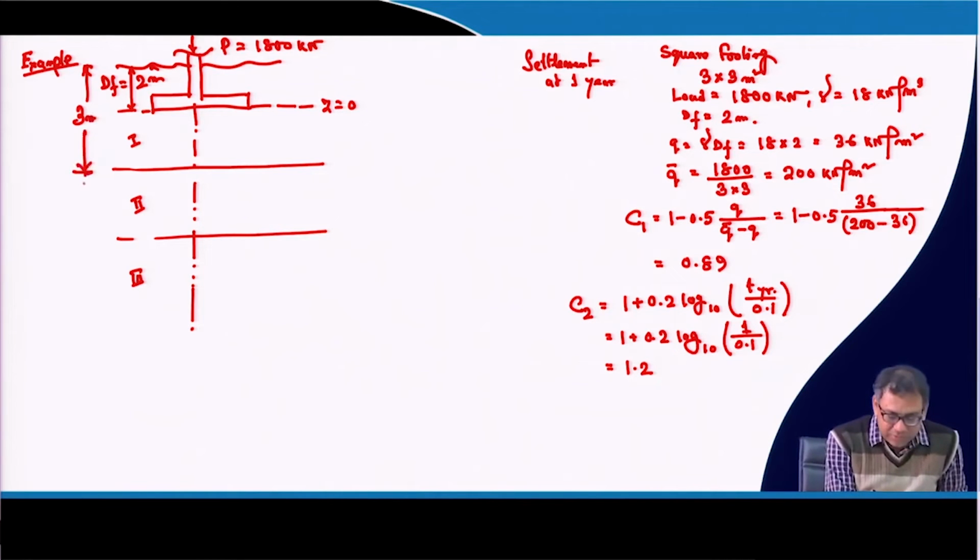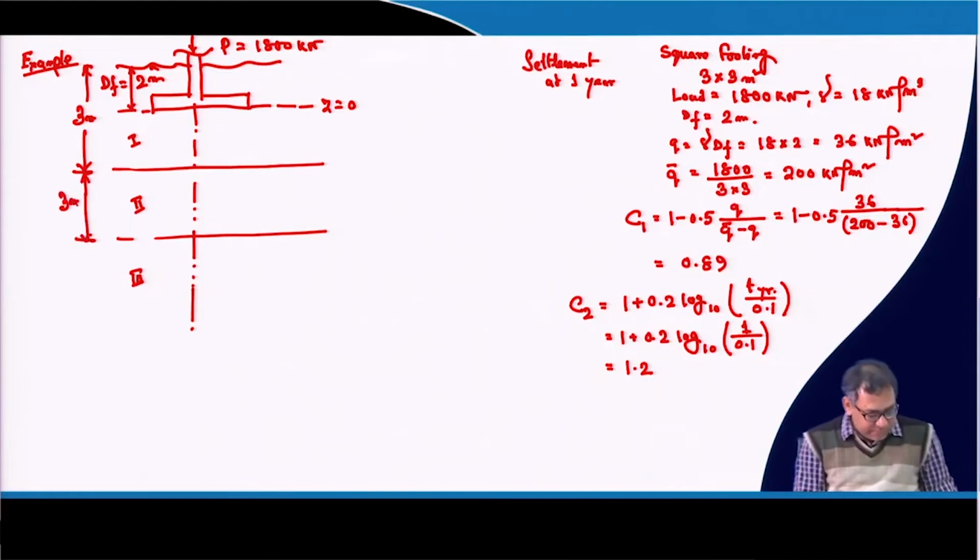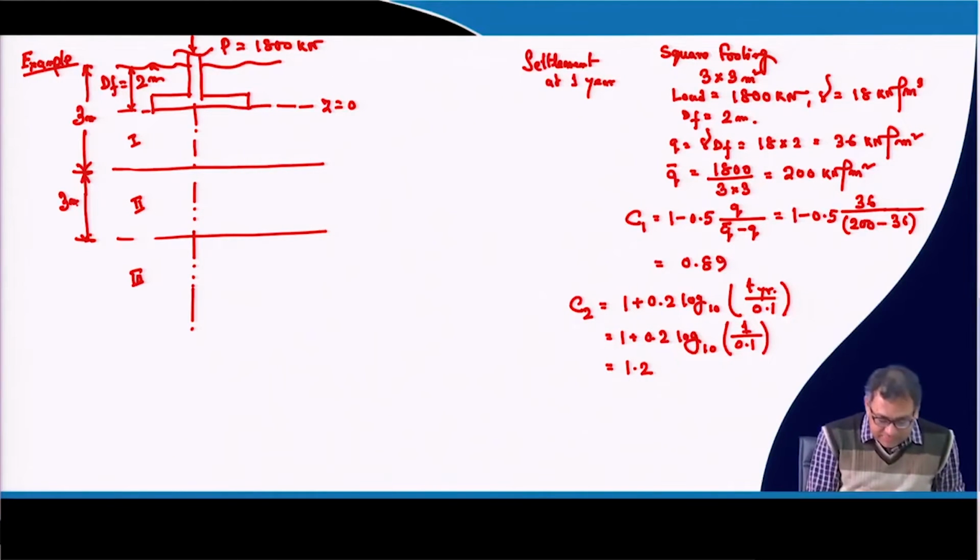Layer 2 is also 3 meter, and there is a layer 3. So, layer 1 is 3 meter, and 2 meter is the depth of foundation, so the thickness of layer 1 below the base of foundation is 1 meter. For layer 2 it is 3 meter.